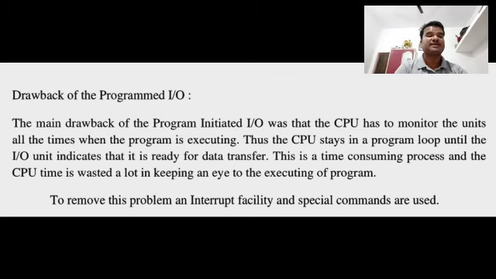Thus the CPU stays in a program loop until the input output unit indicates that it is ready for data transfer. This is a time consuming process, and CPU time is wasted a lot in keeping an eye on the execution of the program. To remove this problem, an interrupt facility and special commands are used.